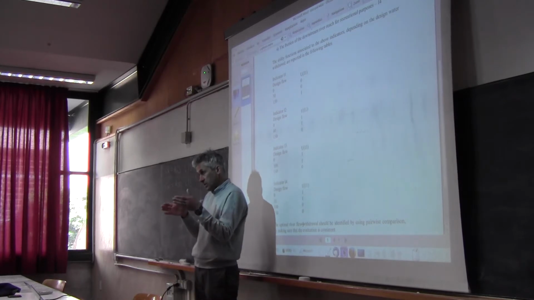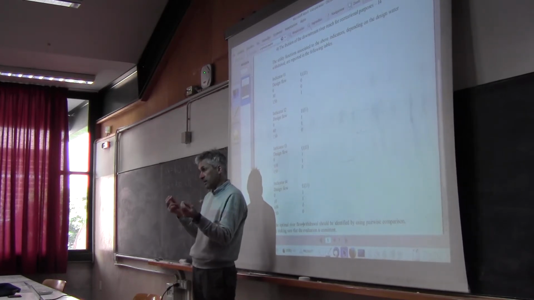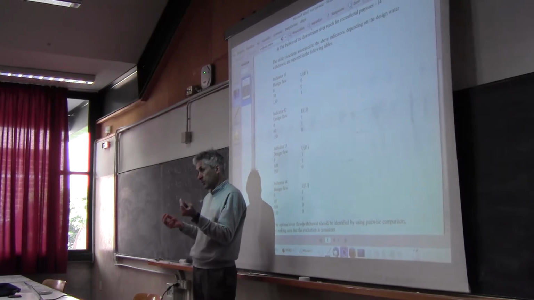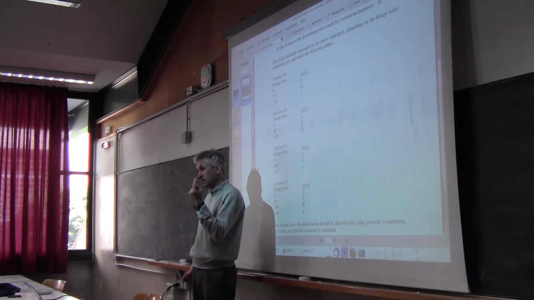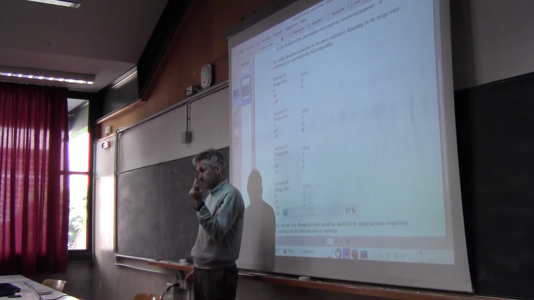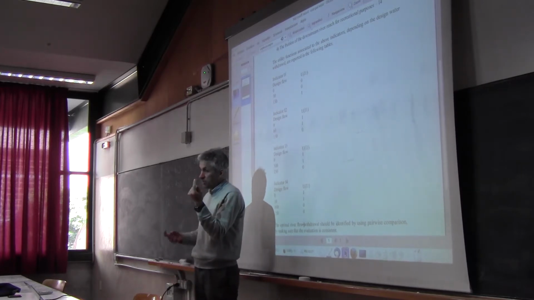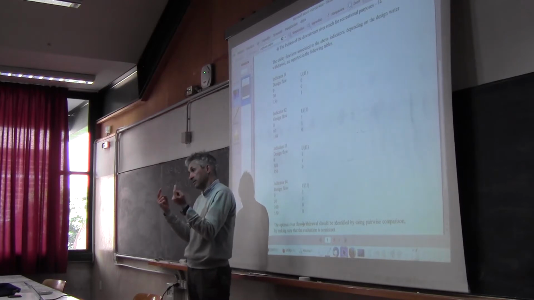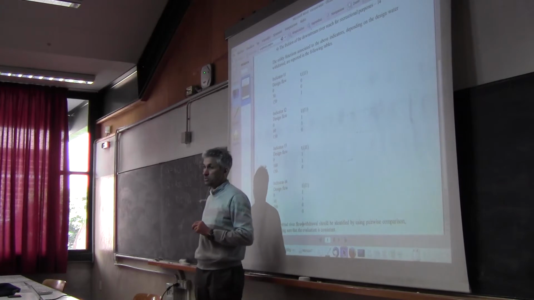Then, for each decision, you have to combine the utilities for the different criteria by using the weights that you previously estimated. And therefore, for each decision, you will find a resulting utility, like we did for the dam. And then you compare the utility of the three alternative decisions, and you pick up the decision with the highest utility.